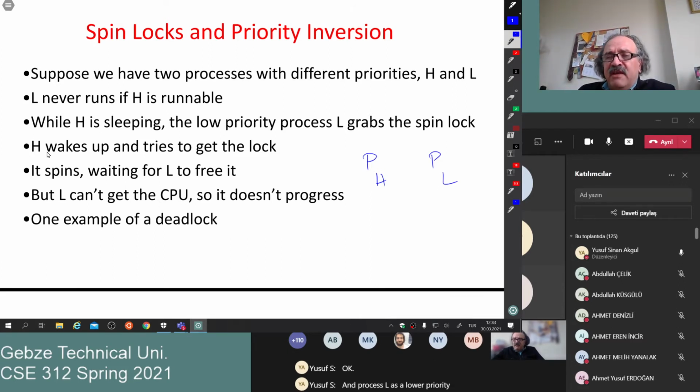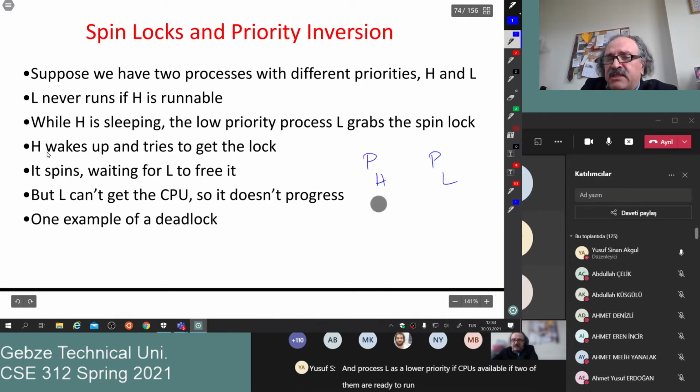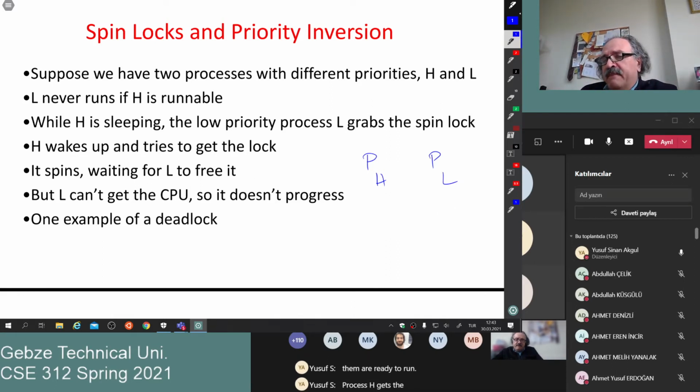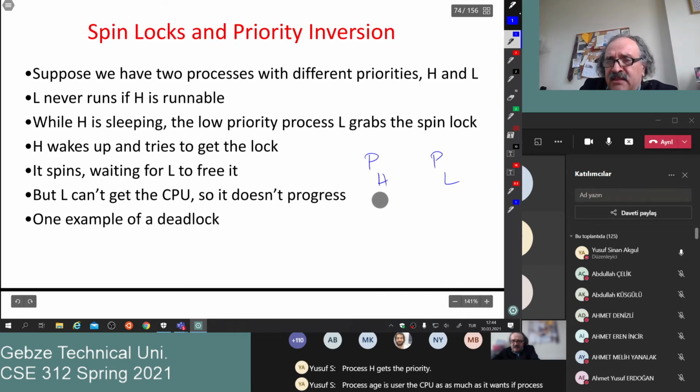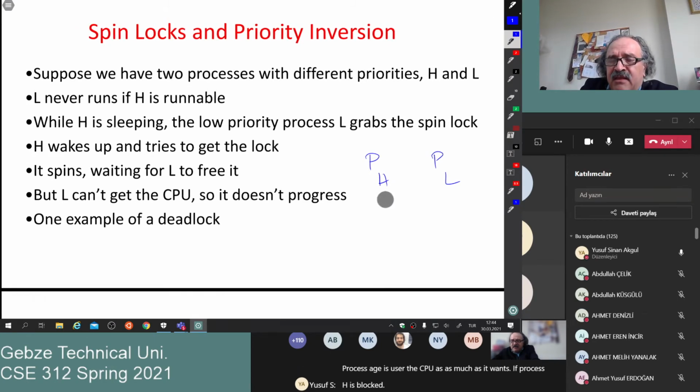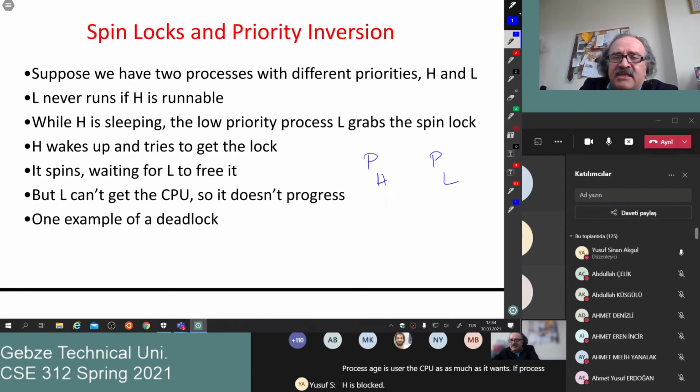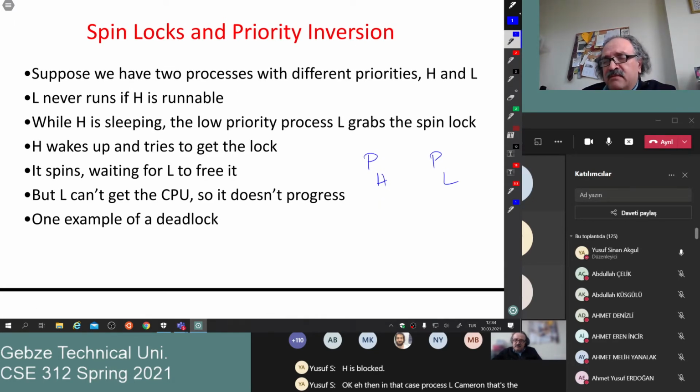If the CPU is available, if two of them are ready to run, process H gets the priority. Process H uses the CPU as much as it wants. If process H is blocked, then in that case process L can run. That's the definition of priorities.